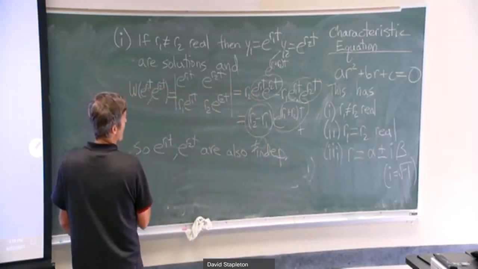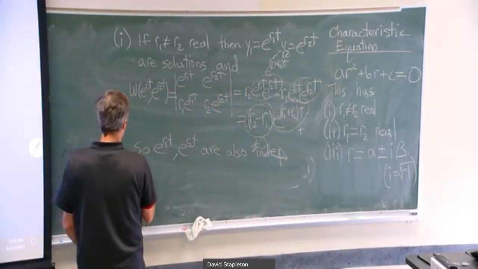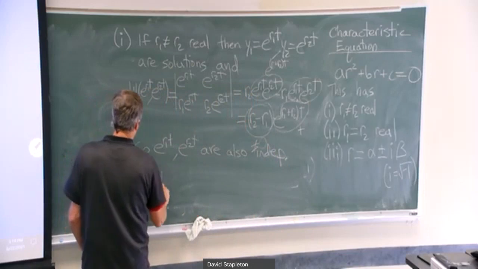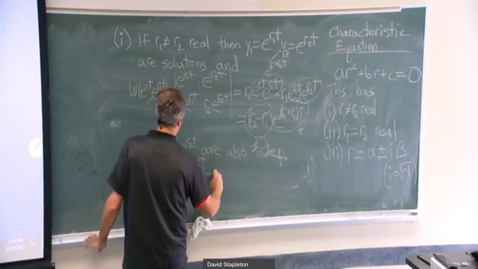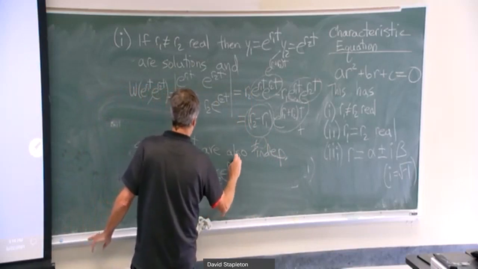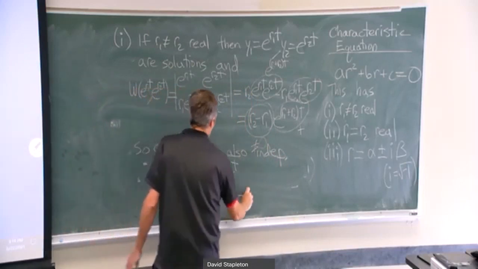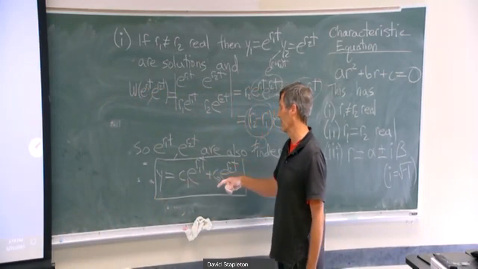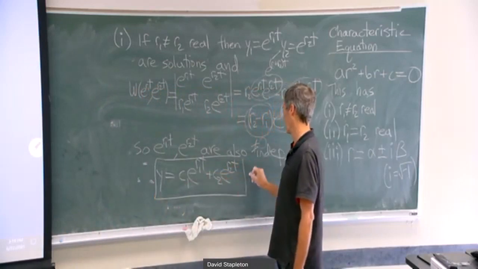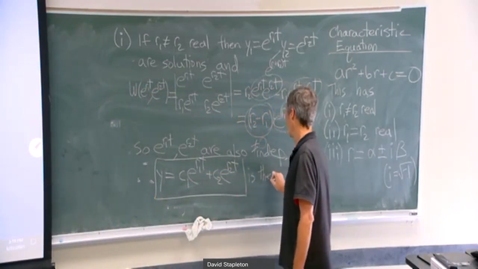That then implies that y equals c1 e to the r1t plus c2 e to the r2t is the general solution, the form of all solutions, written as a linear combination of a constant times one plus a constant times the other. So that's the first case.